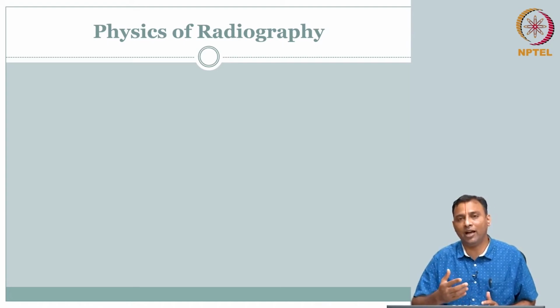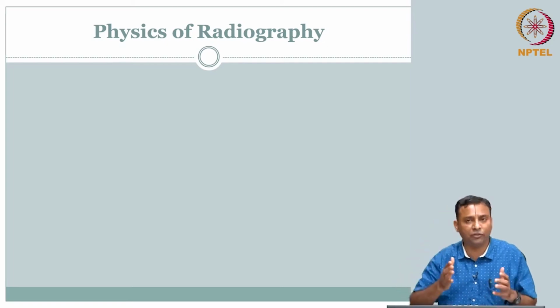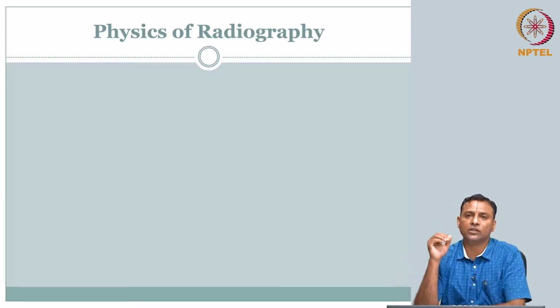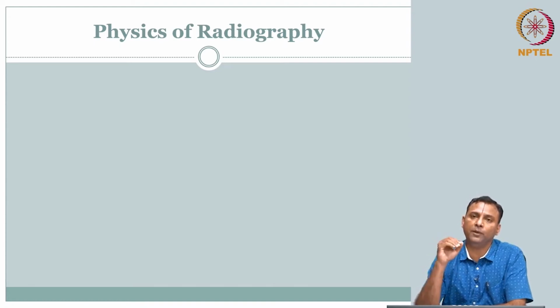Now when you have gamma, it's just the energy is different, and therefore these are the nuances. So pay attention to this part, make yourself comfortable. That way when we go to the other modalities, whatever we can carry forward from here, we will make use of it. Okay. So physics of radiography.